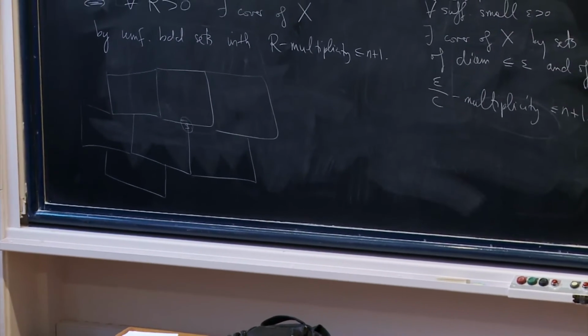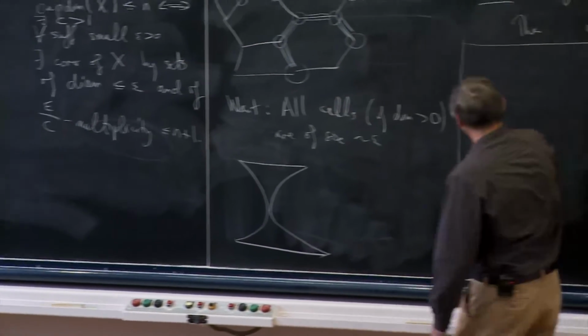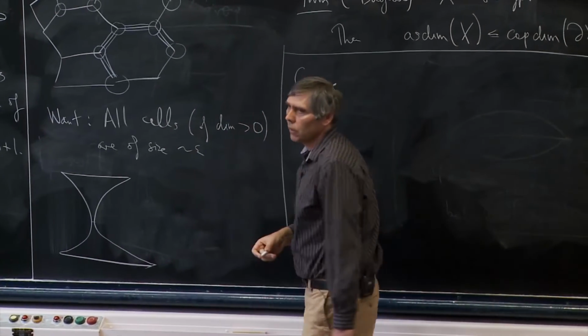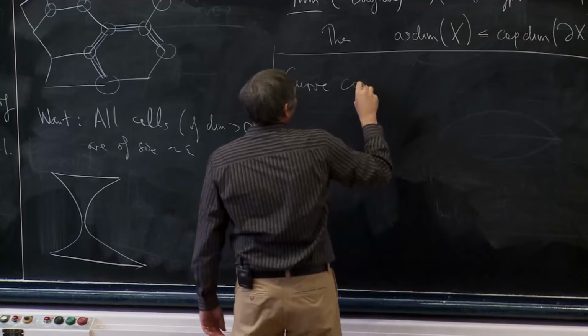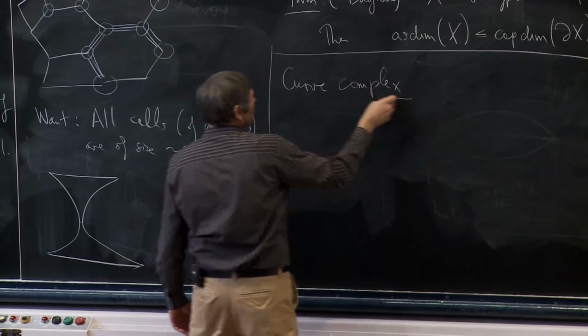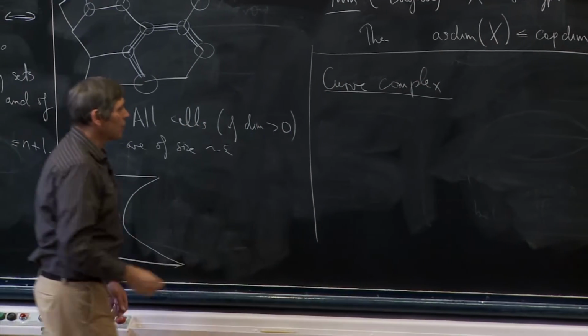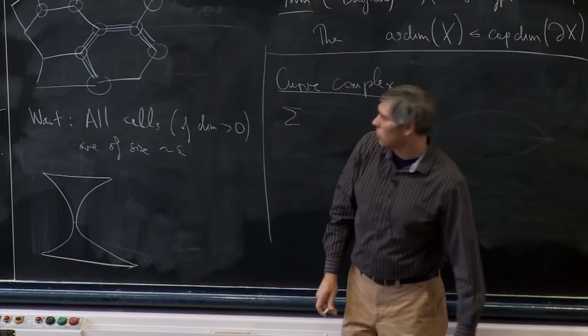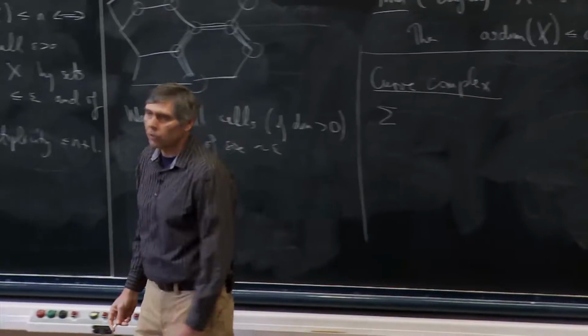Now let's talk about the curve complex, or the curve graph. We'll really only use the one skeleton. So the higher dimensional simplices will be irrelevant. So sigma is going to be a hyperbolic surface, and for simplicity, I will take it to be closed. But in principle, you can have punctures.